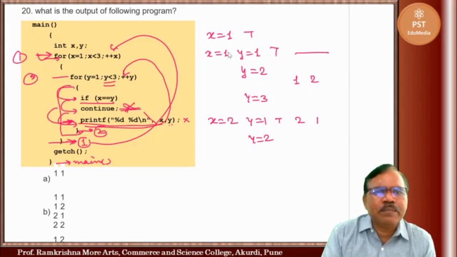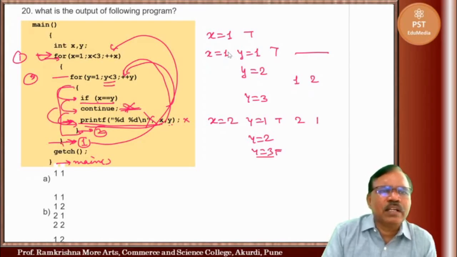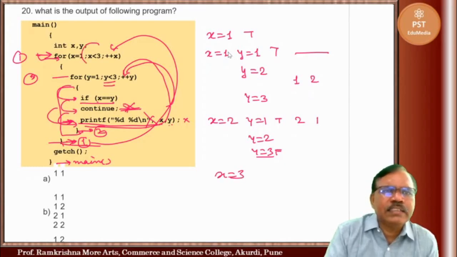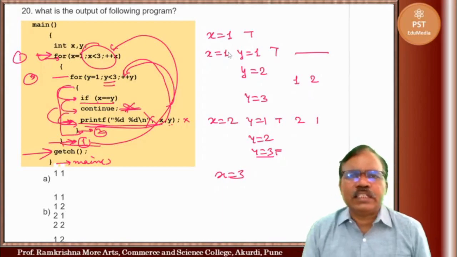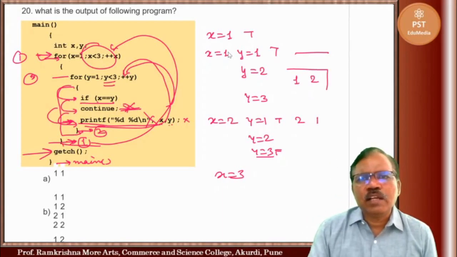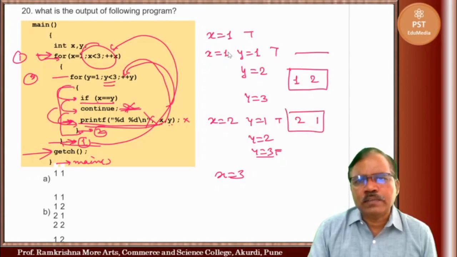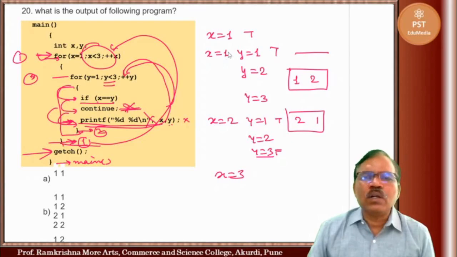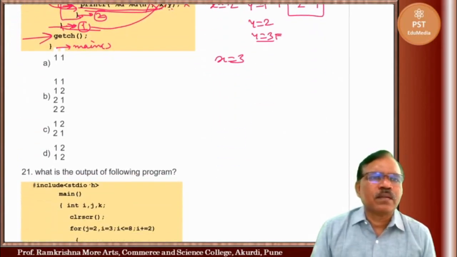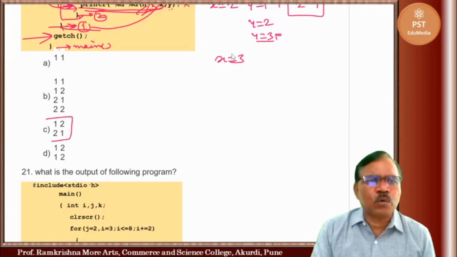So printf is not executed, it will go back, y equal to 3, but the condition is false, so it will come here. Then x will become 3, the condition is false, so it will come out of the loop and go to getch. So on the screen you will get 1 2 and 2 1 because of the continue statement. There is backslash n, so you will get output like this.